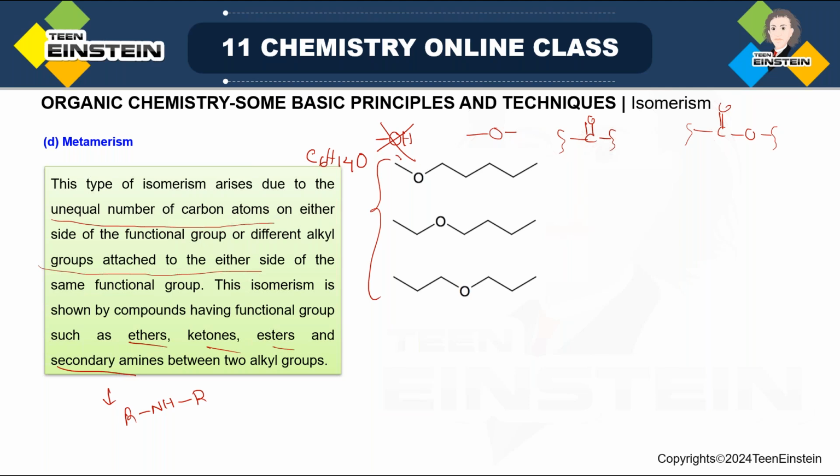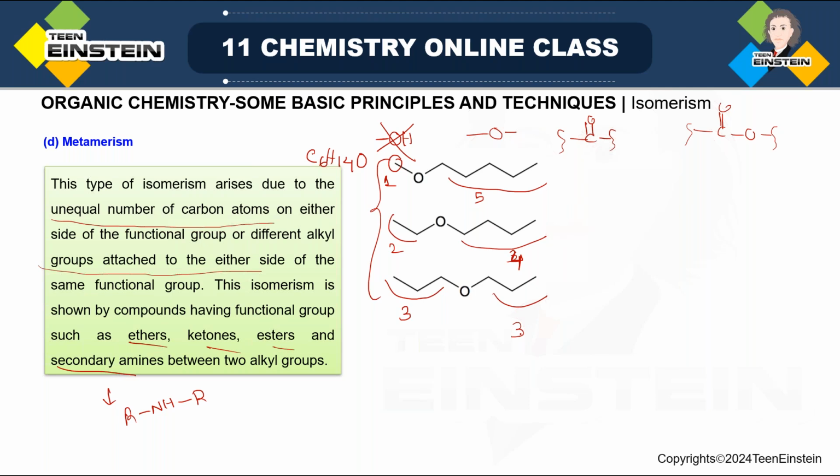But see here, total number of carbon is 1 on this side and 5; 2 and 3; then we have 2 and 4; then it is 3 and 3. So obviously we have an unequal number of carbon.